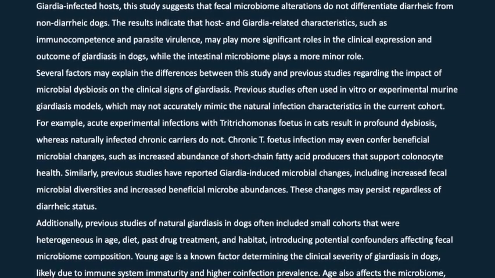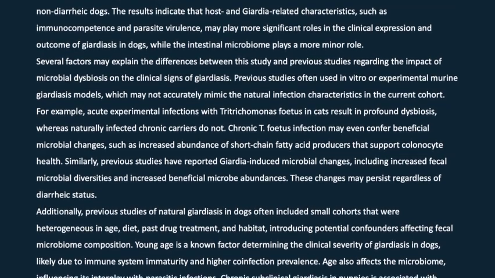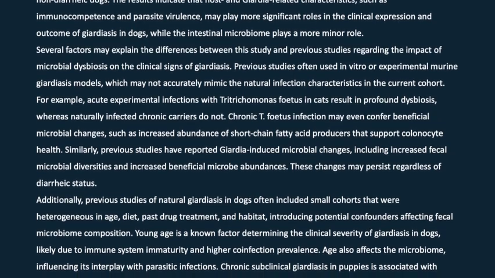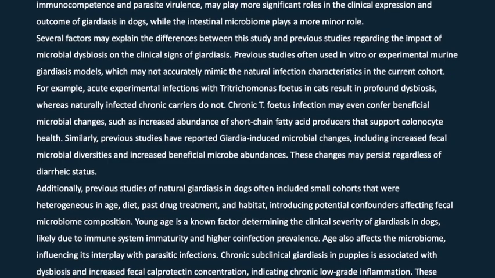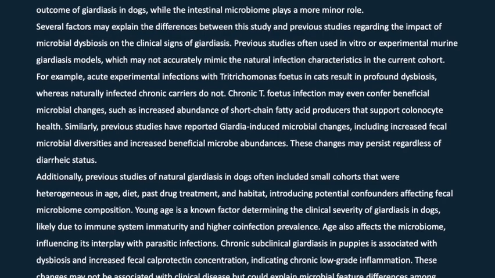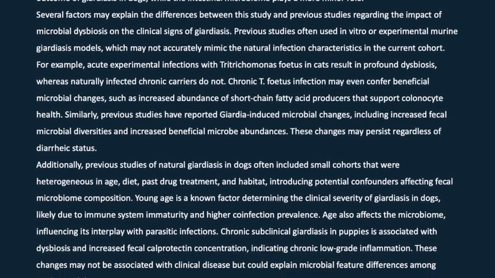Chronic T. foetus infection may even confer beneficial microbial changes, such as increased abundance of short-chain fatty acid producers that support colonocyte health. Similarly, previous studies have reported Giardia-induced microbial changes, including increased fecal microbial diversities and increased beneficial microbe abundances. These changes may persist regardless of diarrheic status.